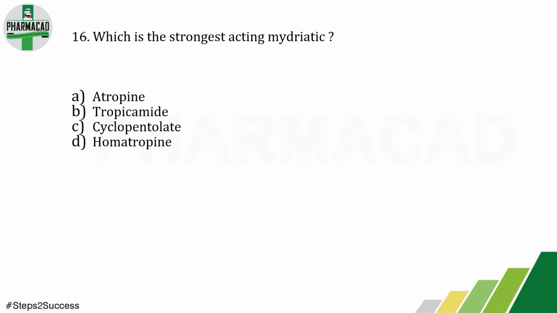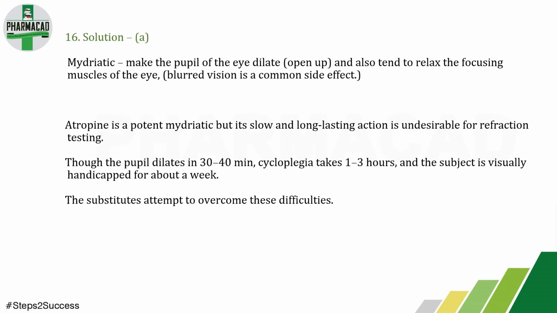Next question, which is the strongest acting mydriatic? The options include atropine, tropicamide, cyclopentolate or homatropine. Now what is a mydriatic? Mydriatic drugs make the pupil of the eye dilate.